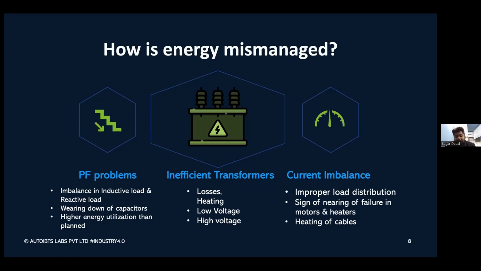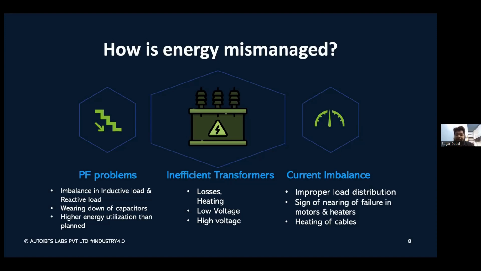Let's say the inverse scenario. We've got two phases taking 120 amperes, and the third phase taking 135 amperes. So it's 15 amperes higher. But the cables laid out to the motor were designed for only 125 amperes, so now it is going above the limit.